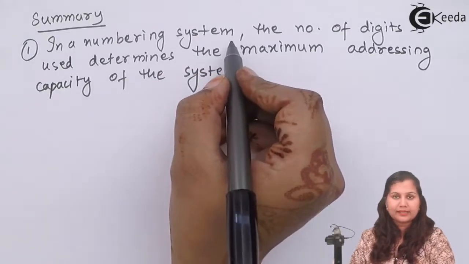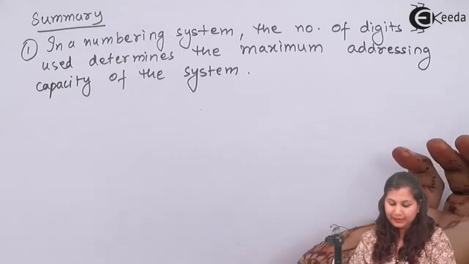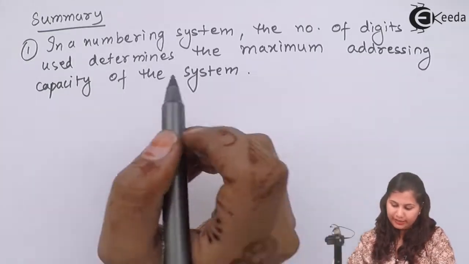So in a numbering system, the number of digits which are used determines the maximum addressing capacity of the system.